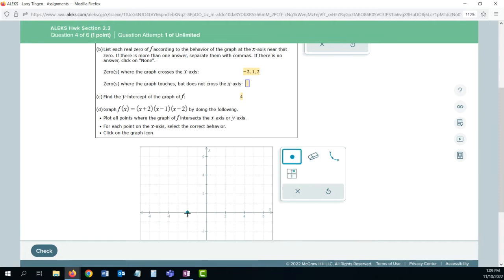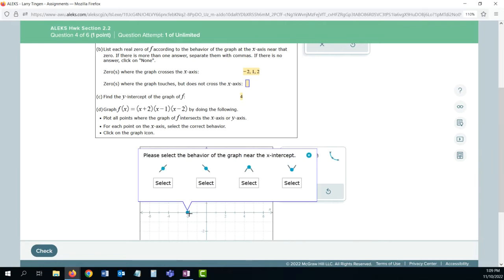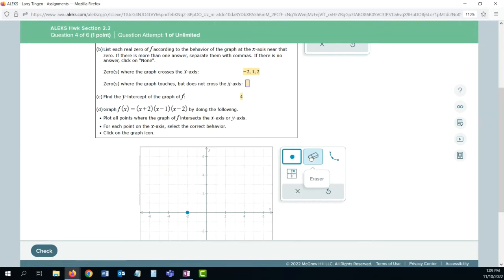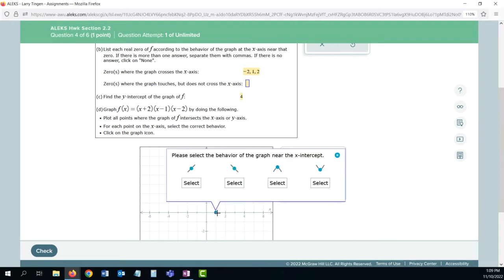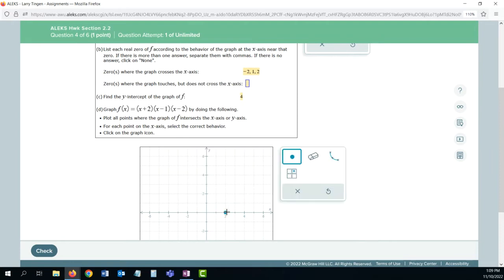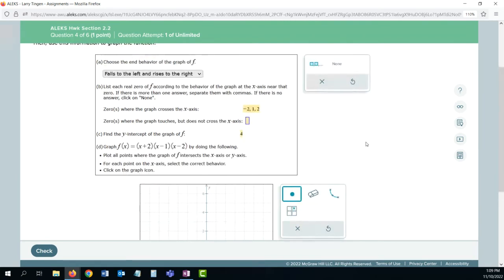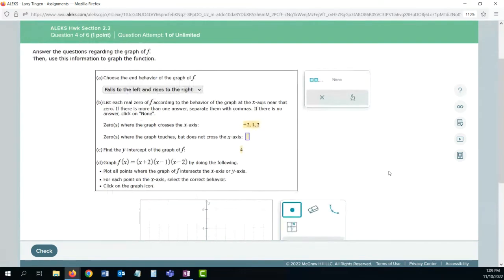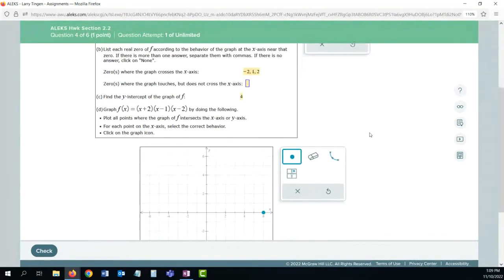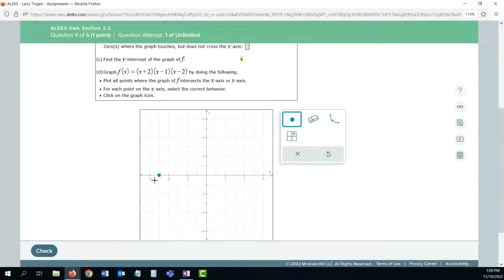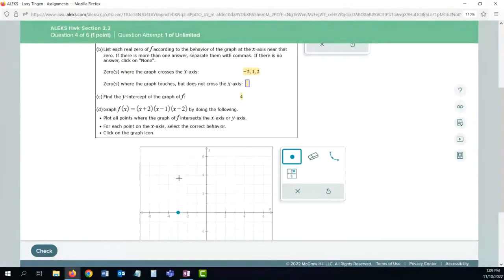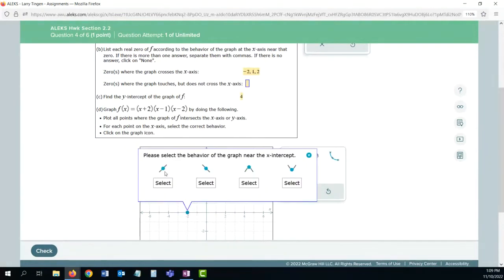I cross the x-axis at -2, and then at 1, and then at 2. Now, my end behavior is going to help me out on this one. Falls to the left, rises to the right. So let's start over here at -2.